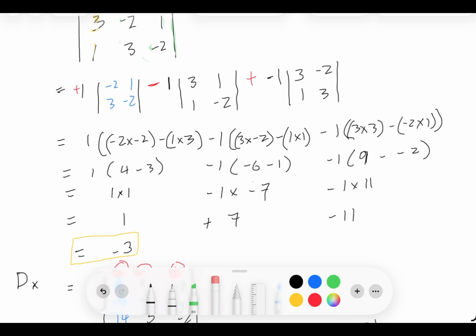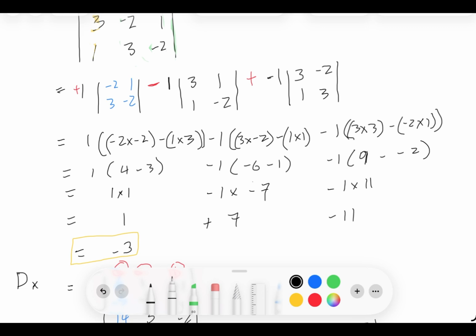That's 1 in brackets, negative 2 times negative 2, that's 1 times 3 for your first set, and minus 1, and 3 times negative 2 minus 1 times 1, plus negative 1, which is just negative 1 times 3 times 3 minus negative 2 times 1 in brackets.